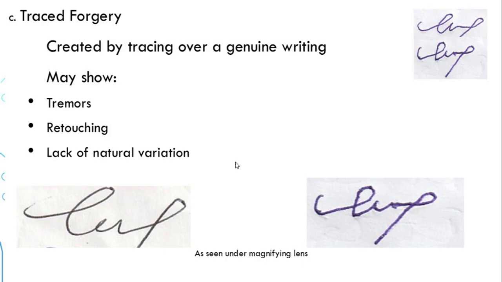When two signatures are perfectly, 100% the same, it is a pointer or an indication that something is wrong. So it's one of those things that we look out for. Probably it was copied with a computer and placed on it, or by other means.